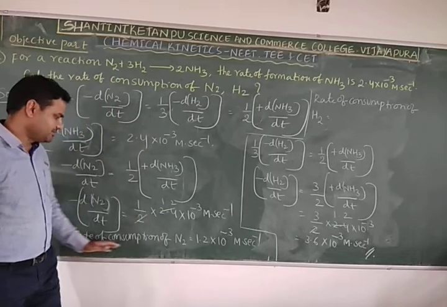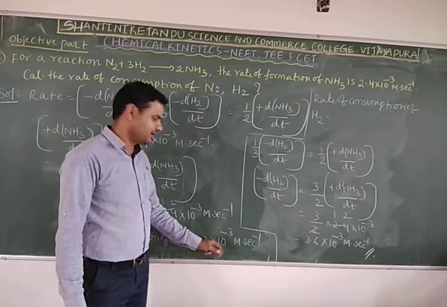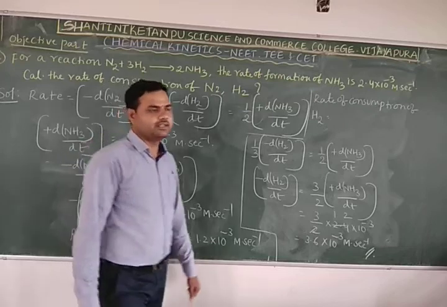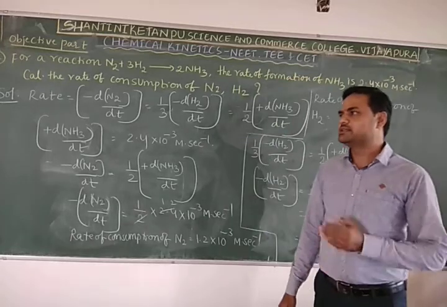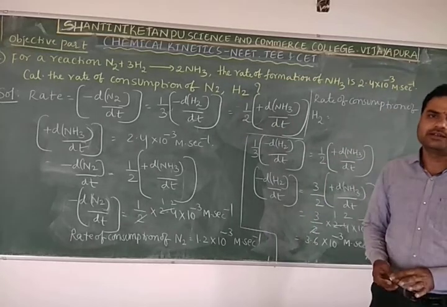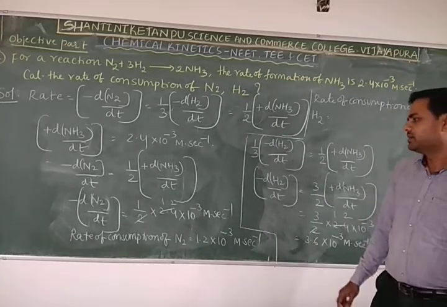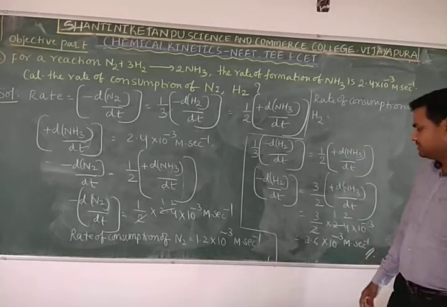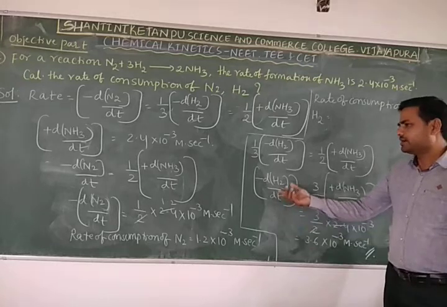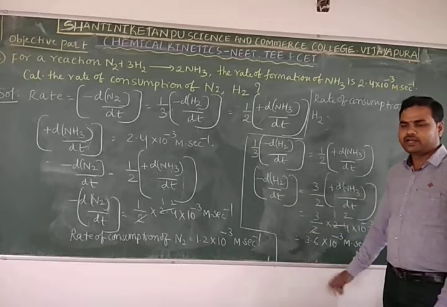Here rate of consumption of nitrogen, how much? 1.2 into 10 power minus 3. Here in the question, what is given? Rate of formation of ammonia is given. By considering the rate of formation of ammonia, we are calculating rate of consumption of nitrogen, as well as the rate of consumption of hydrogen.